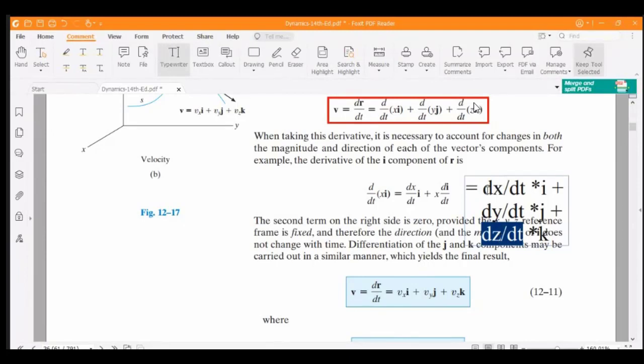So they have written dx by dt equal to vx and dy by dt as vy and dz by dt as vz. Do you agree with this? Yes, sir. Okay, so that is how it comes in.